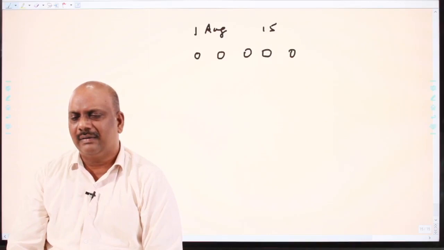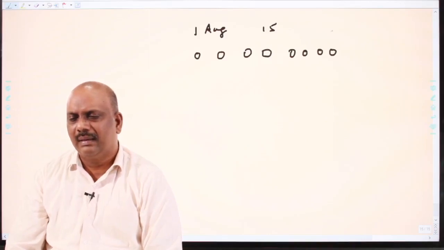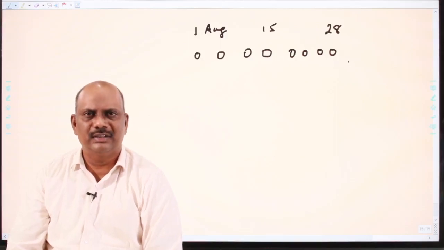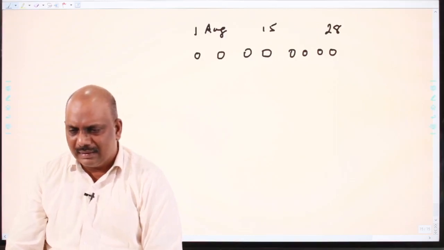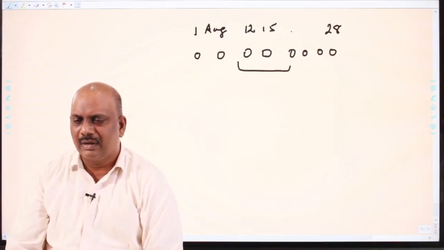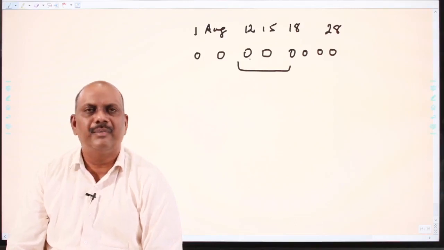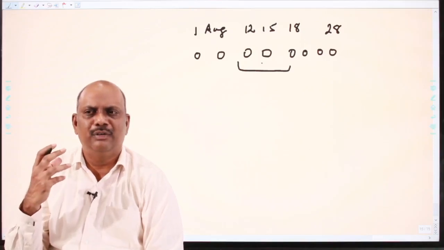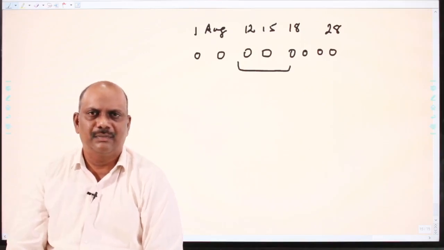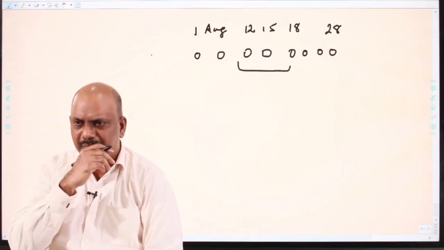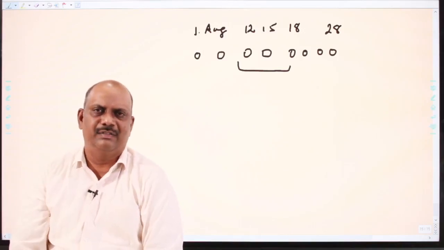And then by August 28, the cycle ends. So it is during this period, somewhere between August 12 and August 18th, that the follicles or the cells are mature enough to receive a sperm and get fertilized. Suppose this girl's husband is in London on 1st of August.